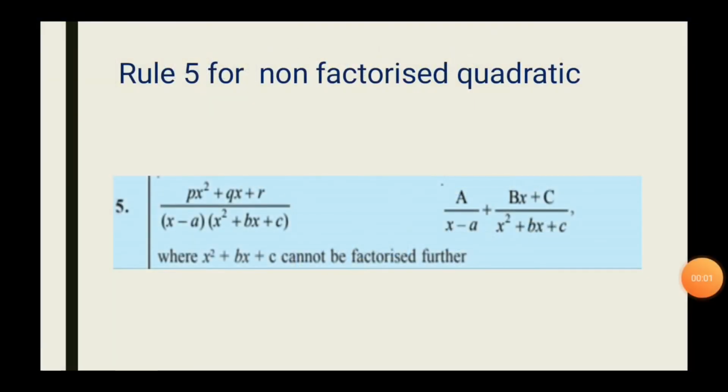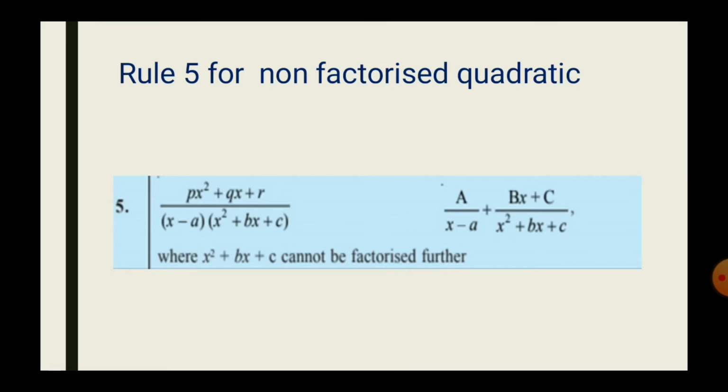The third case for rational function, when some of the factors of the denominator are quadratic but non-repeating. Here the rule 5 for non-factorized quadratic is when denominator has two factors x minus a into x square plus bx plus c, where this quadratic cannot be factorized further.